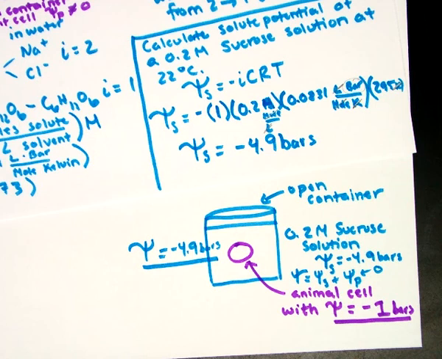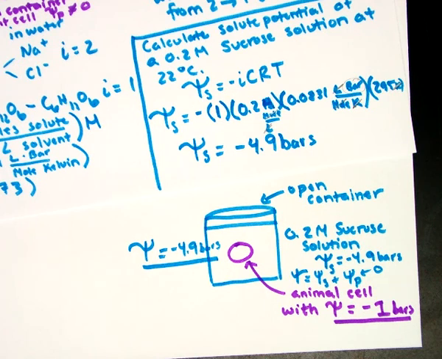Which psi is larger, Adriana? Inside of the animal cell or in the solution? Inside the cell, right? -1 is higher than -4.9. Don't get confused by the larger numbers. Remember, it's a negative number here.